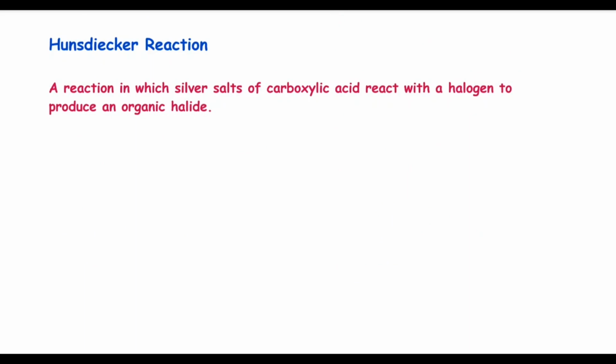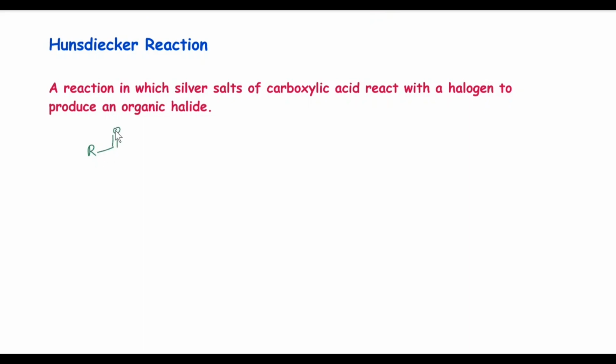Now we are going to discuss the Hunsdiecker reaction. A reaction in which the silver salt of a carboxylic acid reacts with a halogen to produce an organic halide is called the Hunsdiecker reaction.